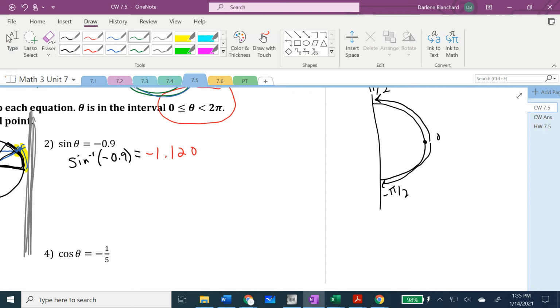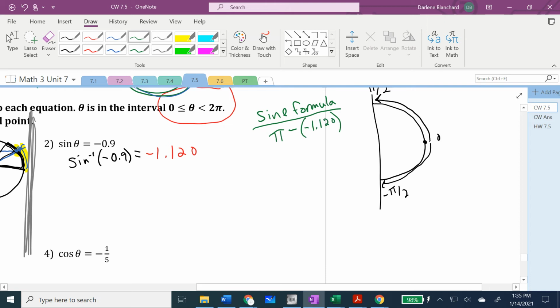The sine formula that we're going to always use, I should actually write it this way. The sine formula to find the other location that uses that number as an answer to sine: do pi minus that number, and it's going to work.